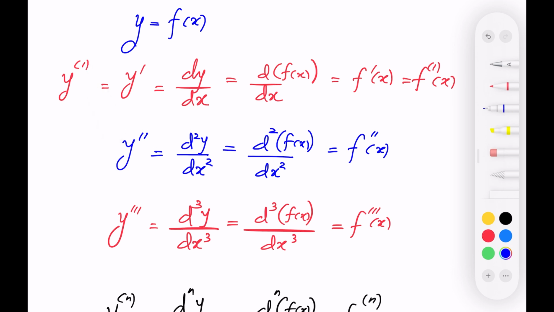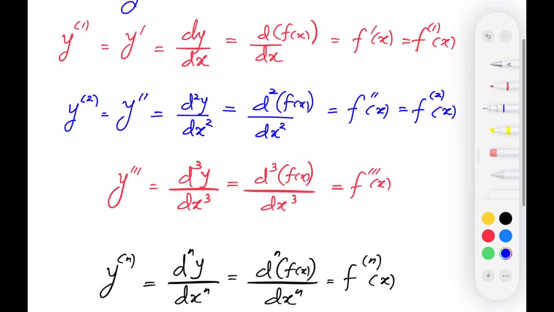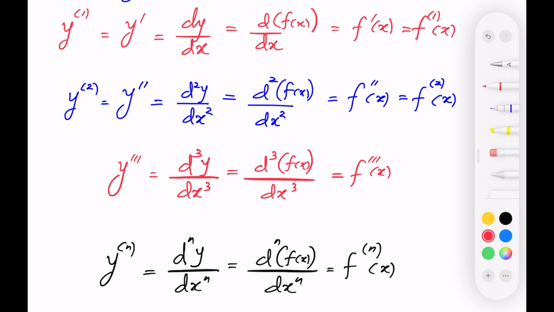The second derivative can be written as f superscript 2 x. Similarly, y double prime can be written as y superscript 2. The third derivative can be written as f superscript 3 x. Similarly, this can be written as y superscript 3.